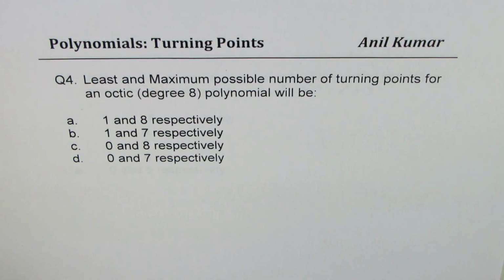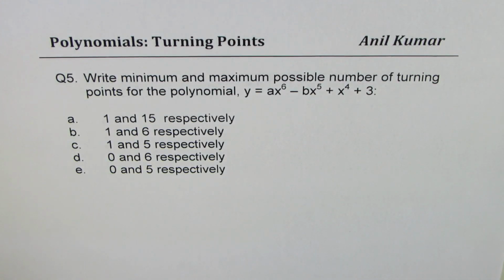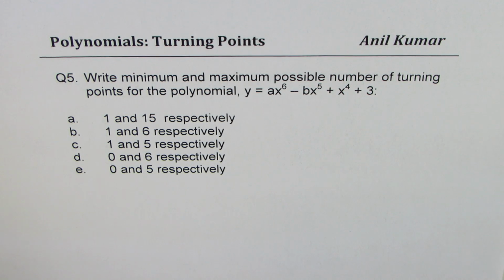Question number 4. The least and maximum possible number of turning points for an octic, that is a degree 8 polynomial, will be what? Question number 5. Write the minimum and maximum possible number of turning points for the given polynomial: y equals ax to the power of 6 plus bx to the power of 5 plus x to the power of 4 plus 3.